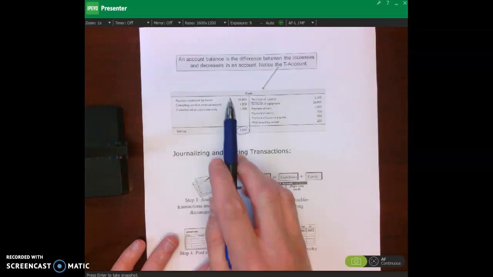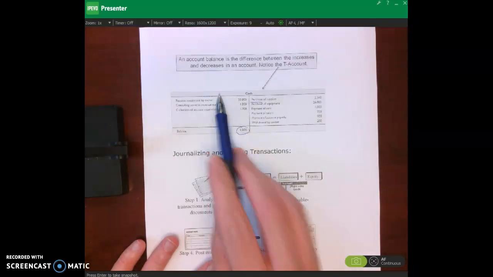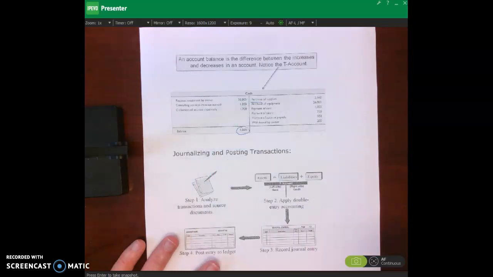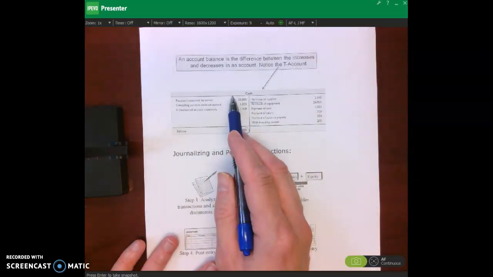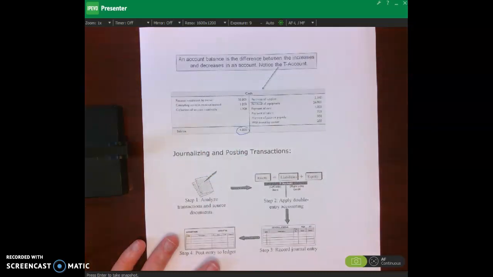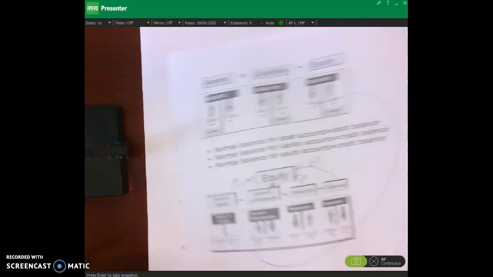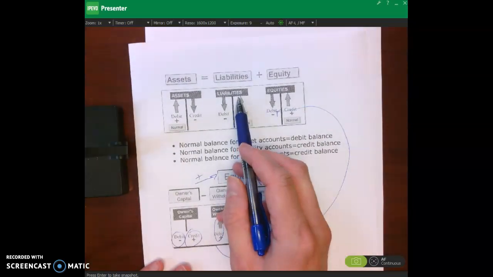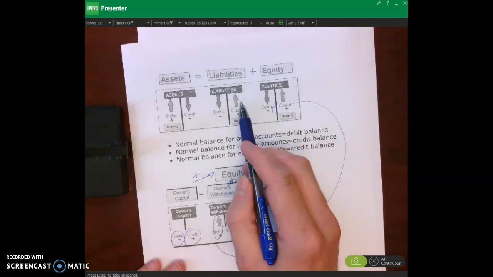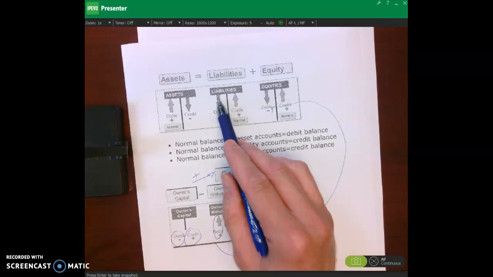So the way I can calculate the balance of an asset account is I add up my total debits and subtract my credits, and then I would have my debit balance. The way I would calculate the balance of a liability account, though, is, because the normal balance for a liability is a credit, I would add up all my credits and subtract my debits.